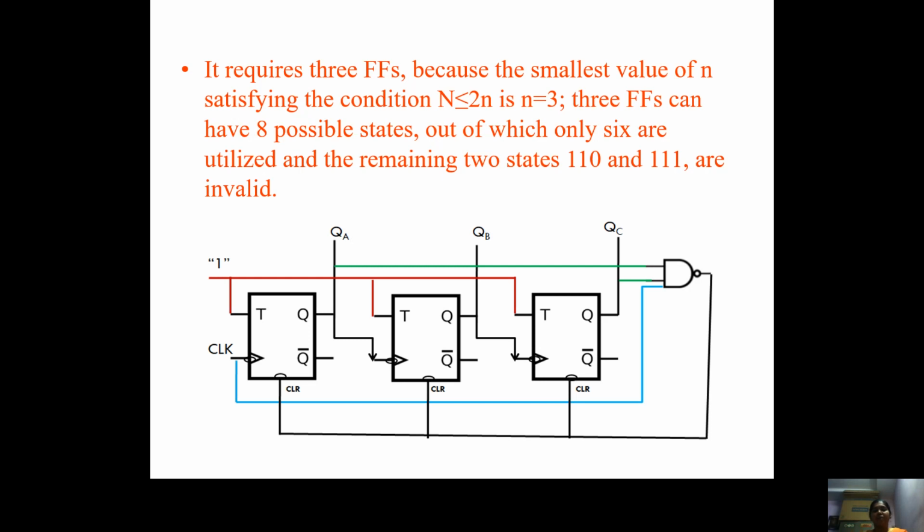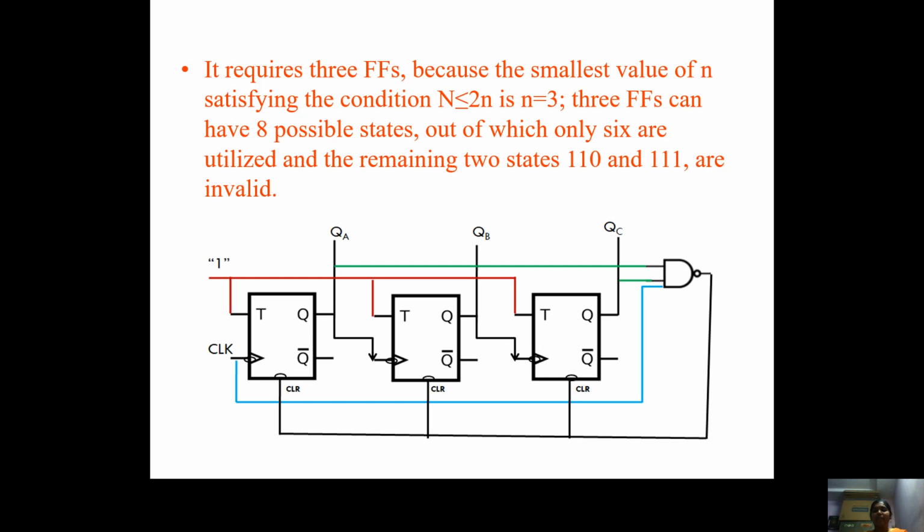Whenever the first clock pulse is applied to the first flip-flop A, only QA will become 1, and the remaining will be 0. In the second clock pulse, only the second flip-flop will be 1, and the remaining values will be 0. So it is equal to the operation of a binary up counter.